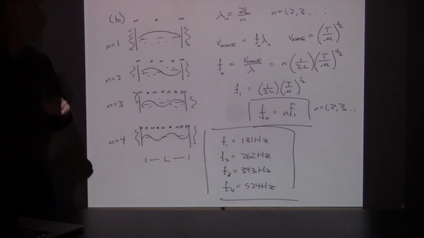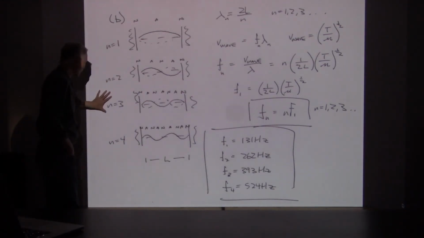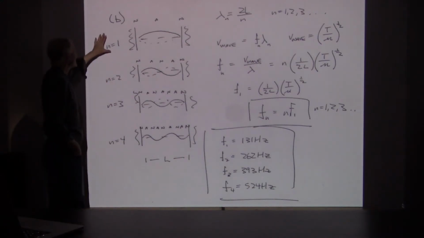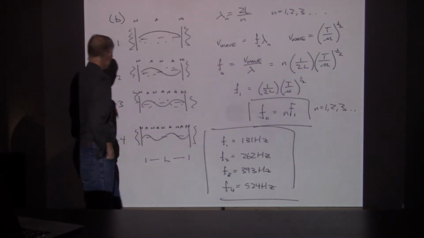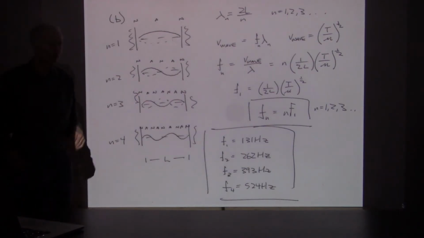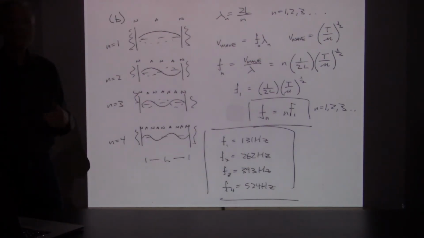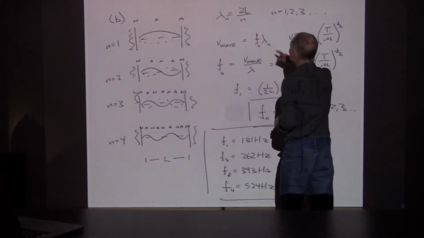Now moving on to part B, it now asks about the first 4 harmonics and says, look, if the first harmonic is 131 hertz, what will the frequencies be for the other harmonics 2, 3, and 4? And there's more harmonics than those. Now, this is just kind of a review.